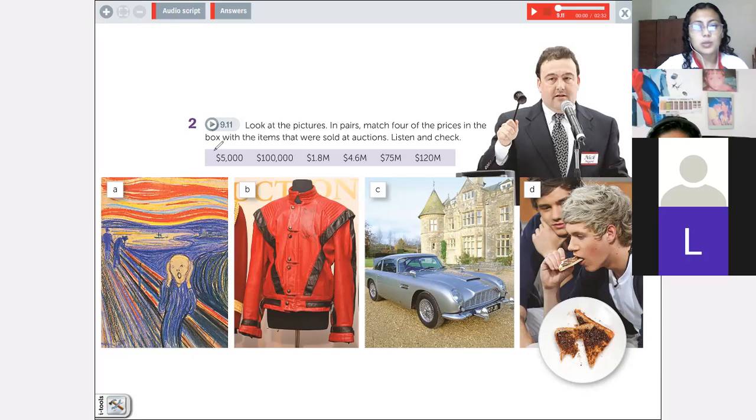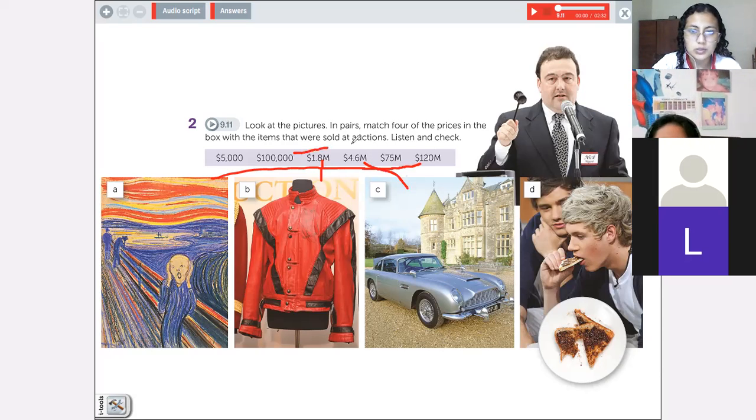Now the last one, $100,000. Okay. Very good. So this one with this one. This with this one. And this with this one. Very good. Excellent, guys.